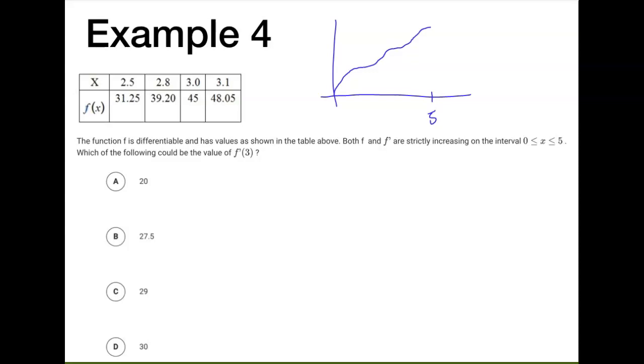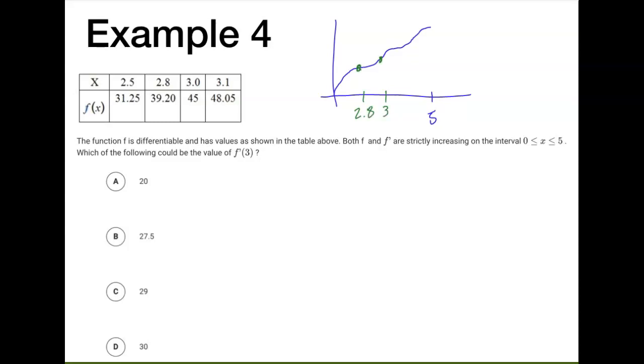So this is a good example to show how we should estimate a slope when we're given a table of values and the x value that they're asking for the slope at is included in our table of values, right? So, for example, we know what's going on at 2.8. We know what's going on at 3.